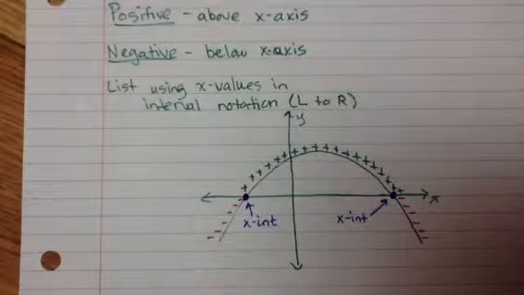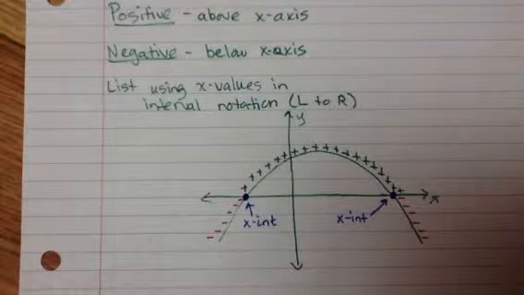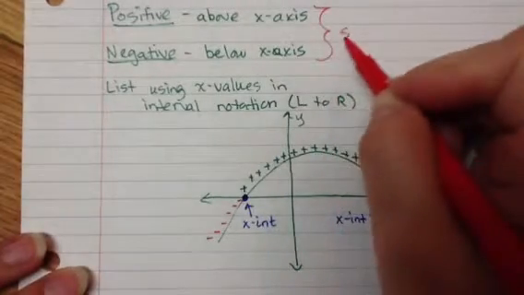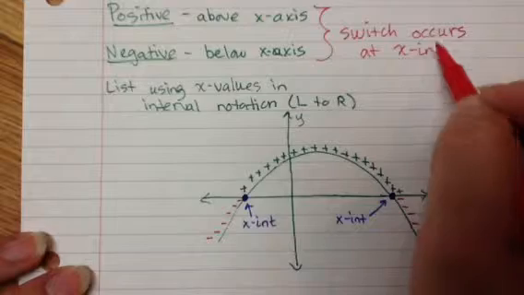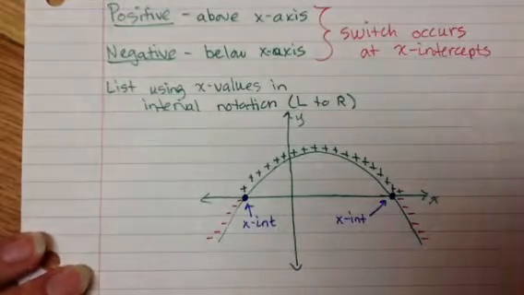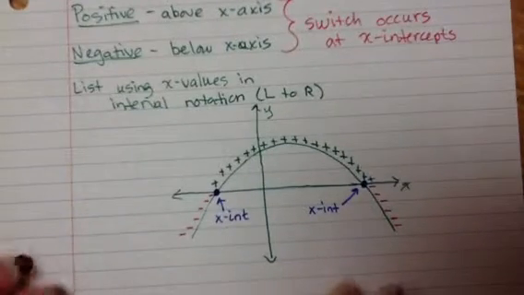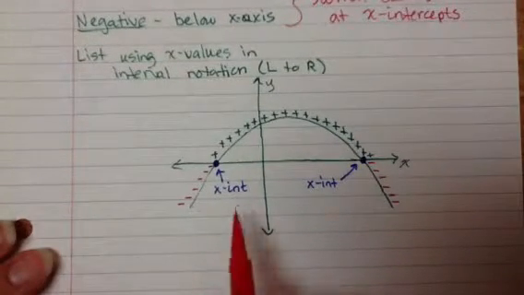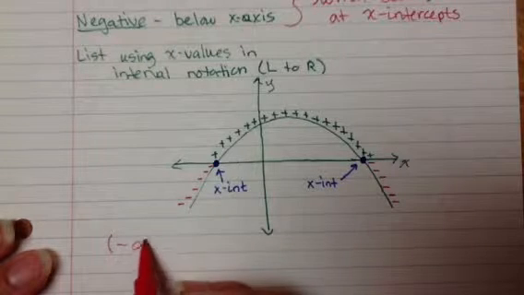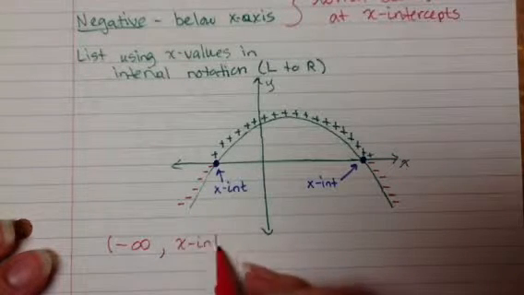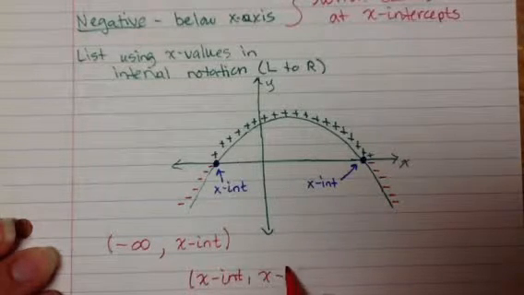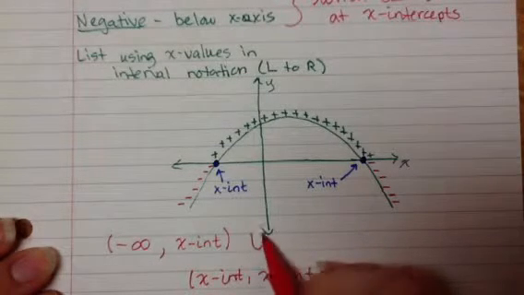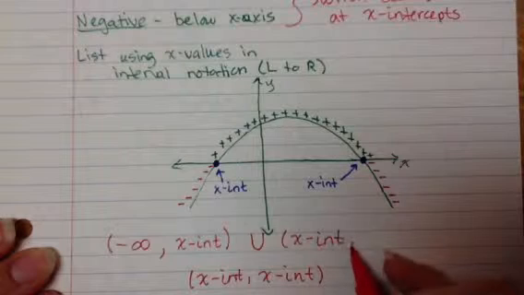So when we list our intervals for positive and negative, what we need to remember is that it switches from positive to negative at x-intercepts. So generally speaking, you're going to start your positive or negative out at negative infinity, and then go up to some x-intercept, and then generally it will switch and go from one x-intercept to the other x-intercept, and then again from the x-intercept to infinity.